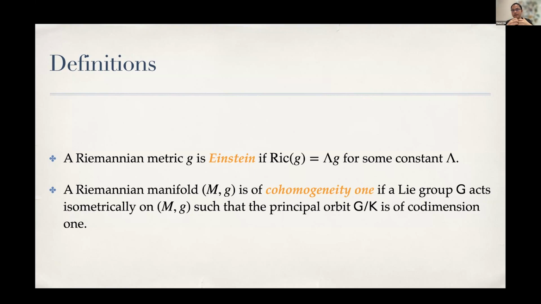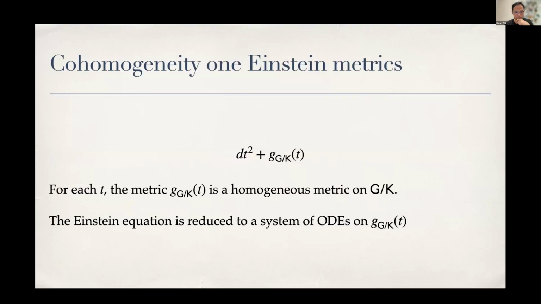It still has a lot of symmetry, but it leaves you with a one-dimensional orbit space. So you can parameterize the orbit space, and the PDEs get reduced to a set of ODEs. In that way, we hope that we can generate more examples of Einstein metrics.